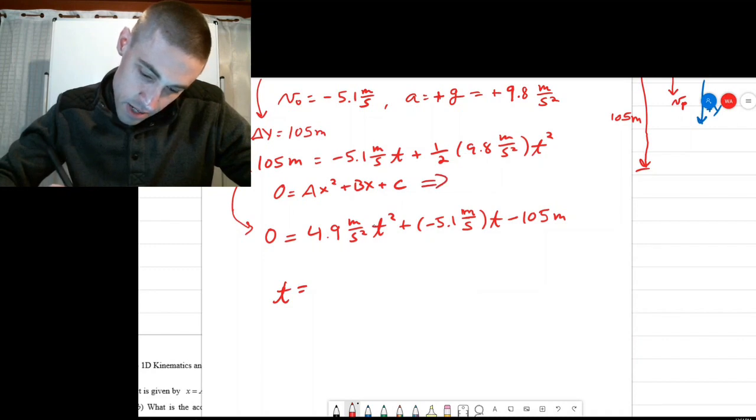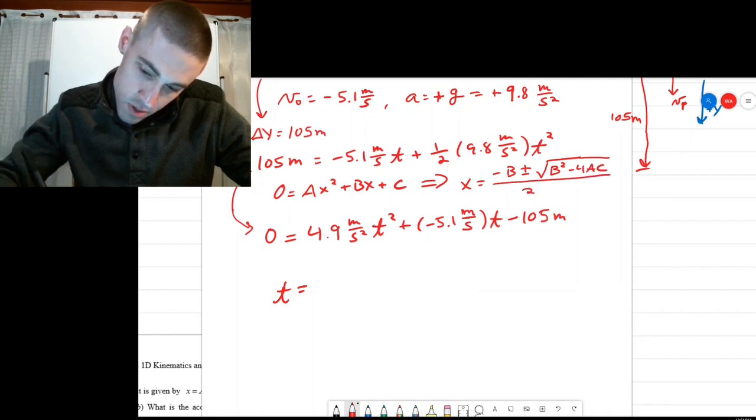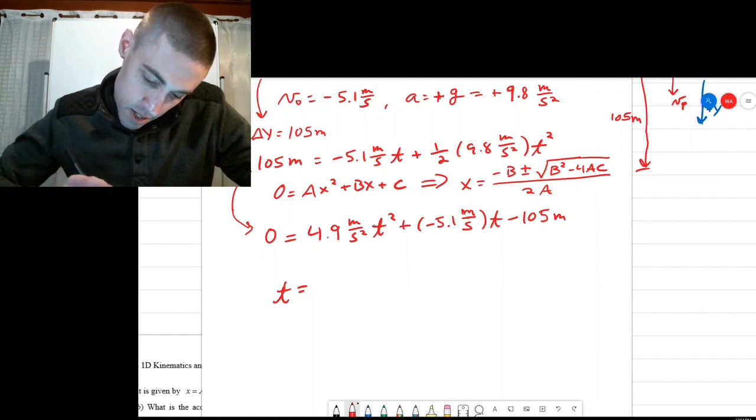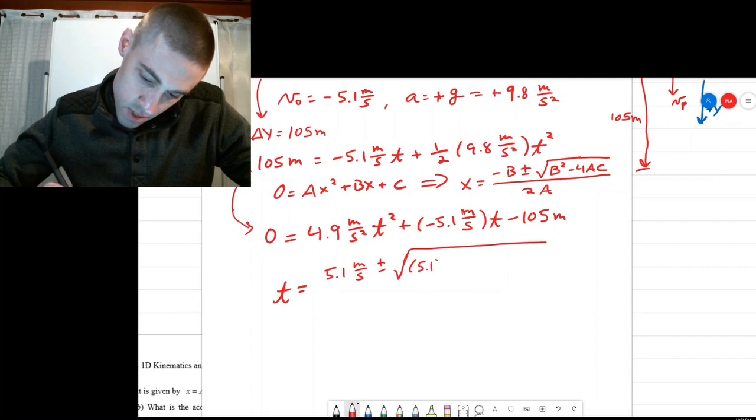well, in this format, x is opposite b plus or minus square root of b squared minus 4ac all over 2a. So applying that here, I'm going to have 5.1 meters per second plus or minus square root of b squared, so 5.1 meters per second squared, minus 4ac.